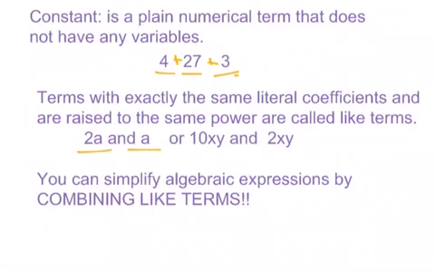When there's no number in front of a variable, it's an implied 1. So here we would have 3a. These are like terms. We have 10xy and 2xy. They both have an x, they both have a y, they're both raised to the first power, so this would be 12xy. Okay? You can simplify algebraic expressions by combining these like terms.